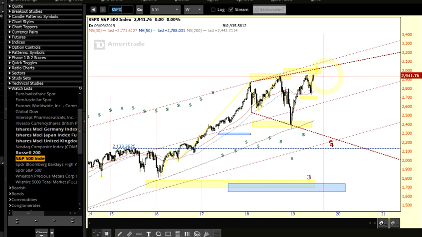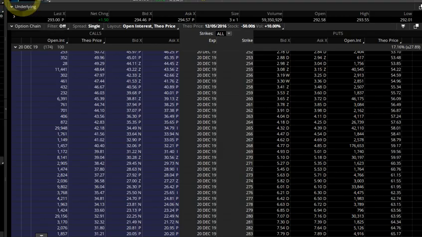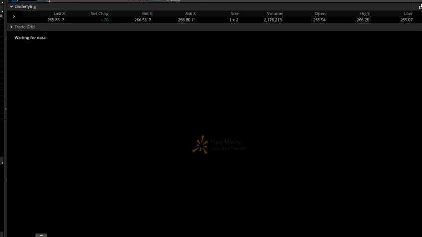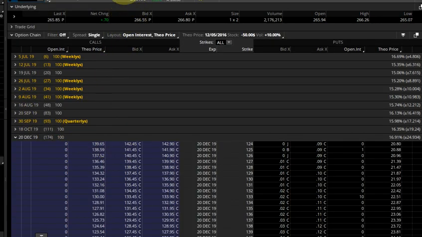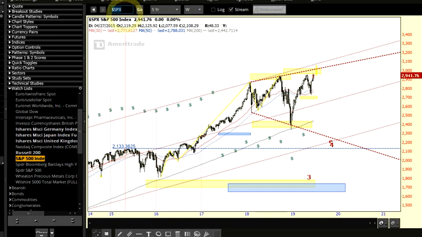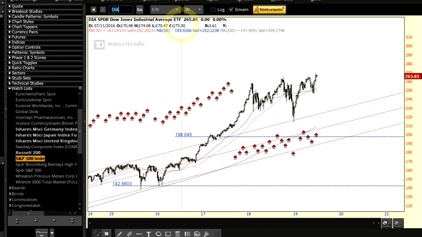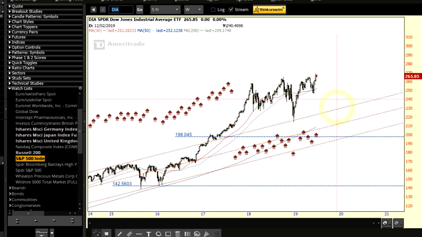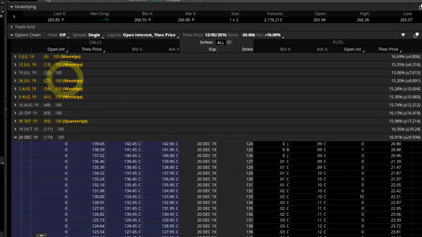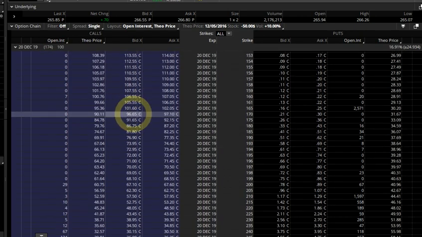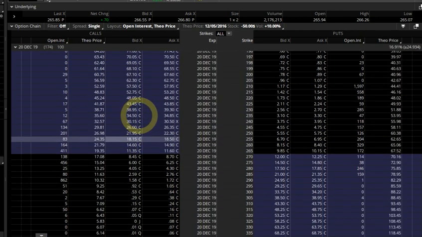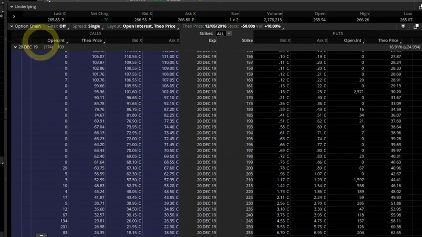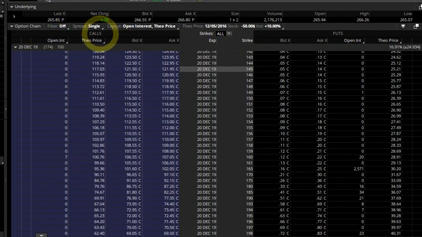I would stick with the... I mean, you could look at the DIA also instead of the S&P 500. If you look at the DIA, let's go to the chart and put in DIA. If you do the same thing here, you're looking at the DIA going to 210.